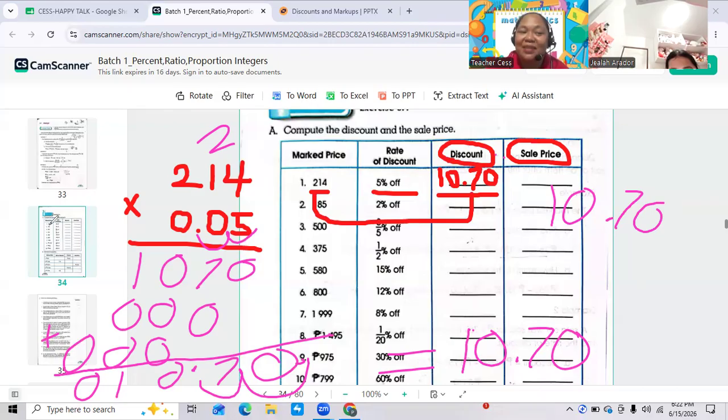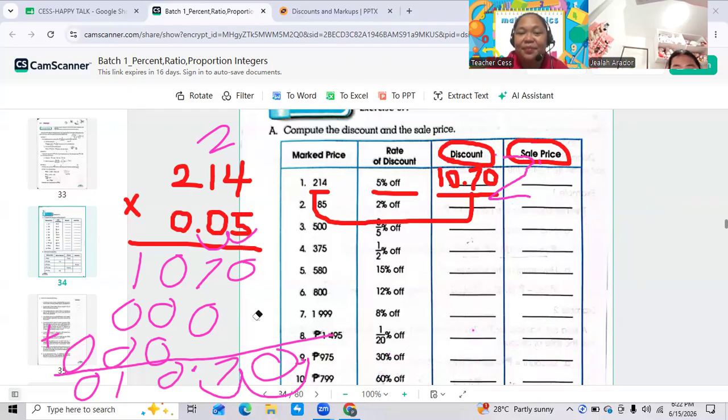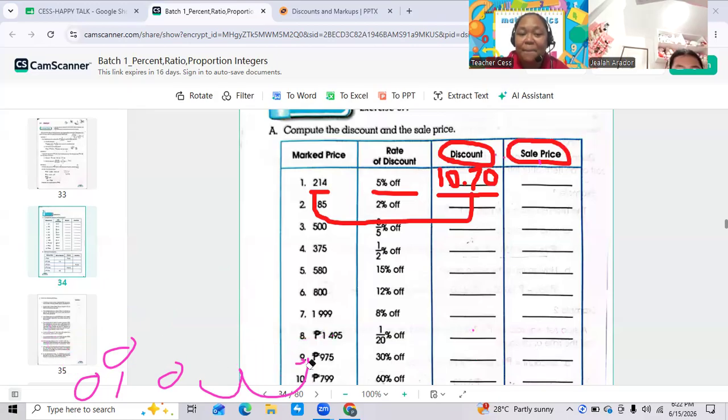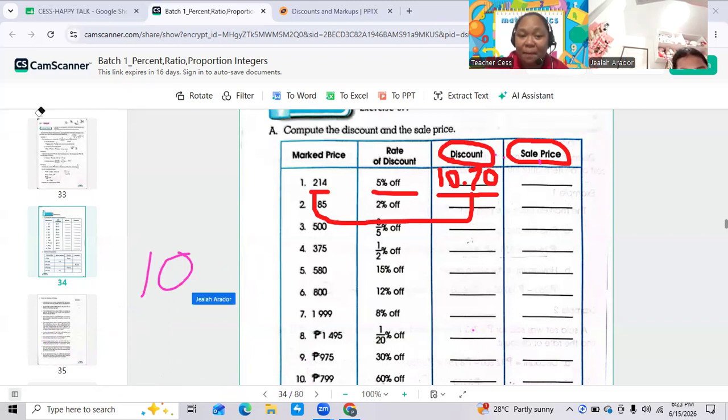How much will be the sale price? What are you going to do to get the sale price? Subtract it. 214 subtract what? 10.70. Okay. Sige nga po, how will you write it?